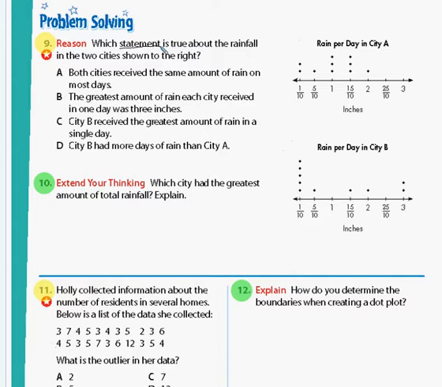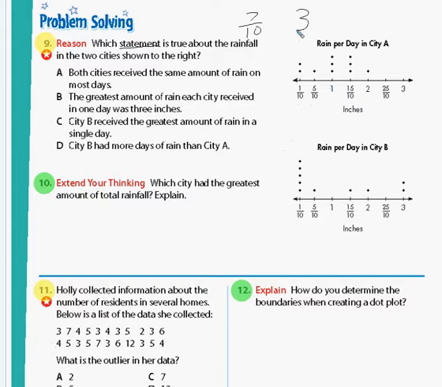Okay, on City A, let's start with the smallest. A 1/10 on 2 days and 5/10 on 1 day. That equals 7/10. Okay, next I had 3 days where it rained 1 inch, so that's 3 inches.